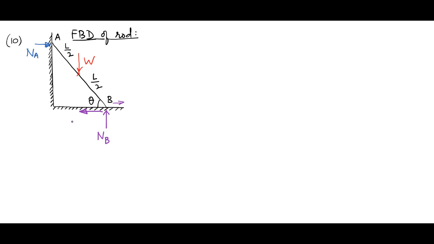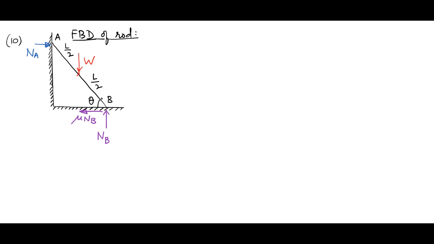And since it is limiting friction, I'm going to write it as mu times NB. So this is the complete FBD of the rod under limiting equilibrium conditions, and we are now going to use our force equations and our moment equations to figure out what is the minimum value of theta for equilibrium.